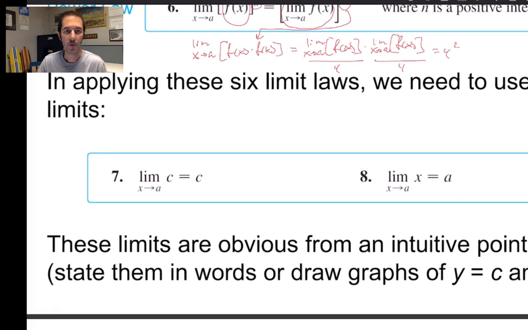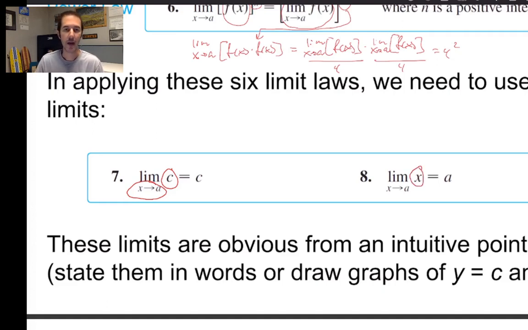These are some super specific little features we have. If you're working with a constant function, it doesn't matter what your x value is trending toward. The limit is going to be equal to c because all of the values are c, because it's a constant function. And in number 8, this is another very specific example.